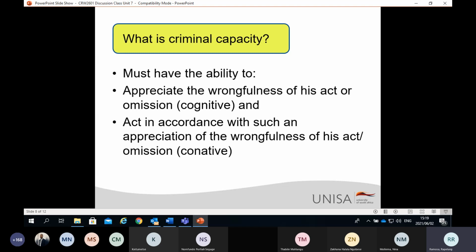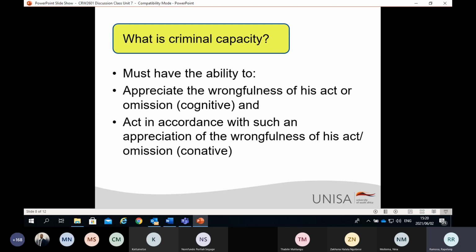These are aptitudes or abilities that are expected of all individuals that are to be held to account for a breach of the law. So, for example, you can't hold a mentally ill person who acted motivated or driven by their mental illness. You can't hold them to account because they don't have the ability to appreciate the wrongfulness of their act or omission.